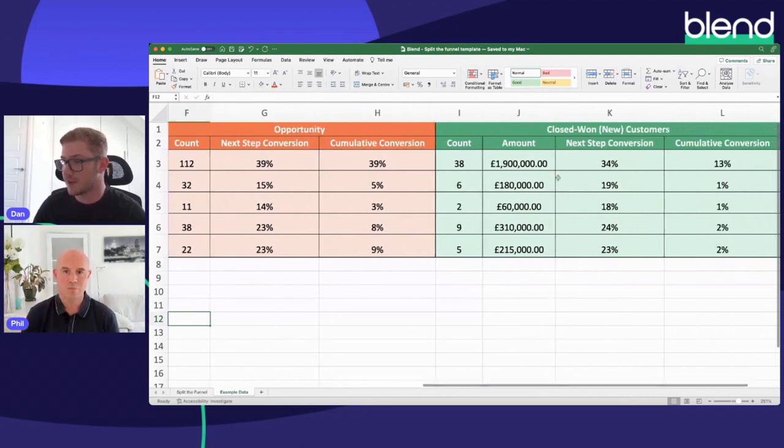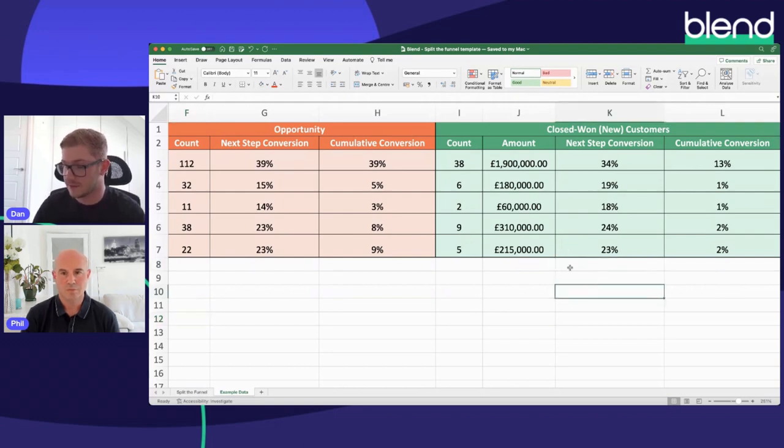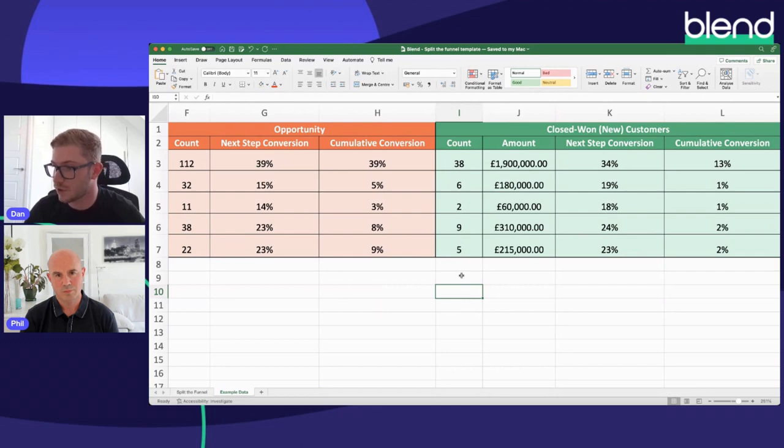And then when we get into closed one, here's where you're really, really likely to see this huge contrast in what's generated from your high intent leads and what's generated from your low intent lead sources down here. So you're likely to see that a very good percentage of your high intent leads convert into customers, where nearly none in some cases of your low intent leads actually go on to convert into paying customers.